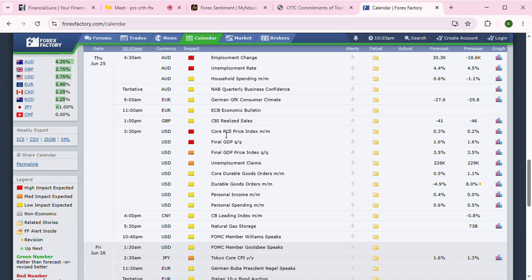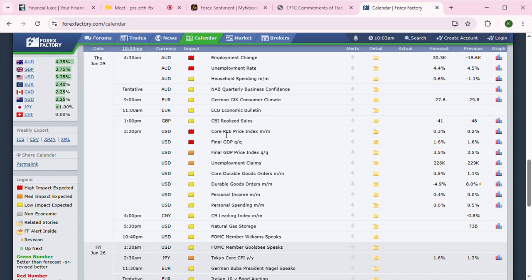So make sure you follow these news closely. That is core PCE, core CPI, core PPI. When you see the word core, just know two things have been excluded. That is food and energy. Right?